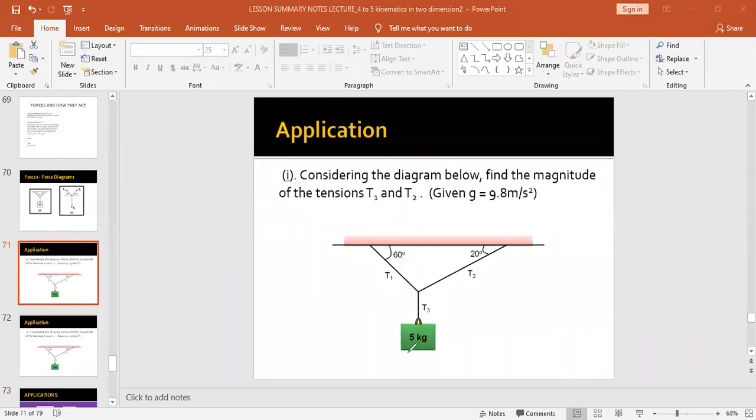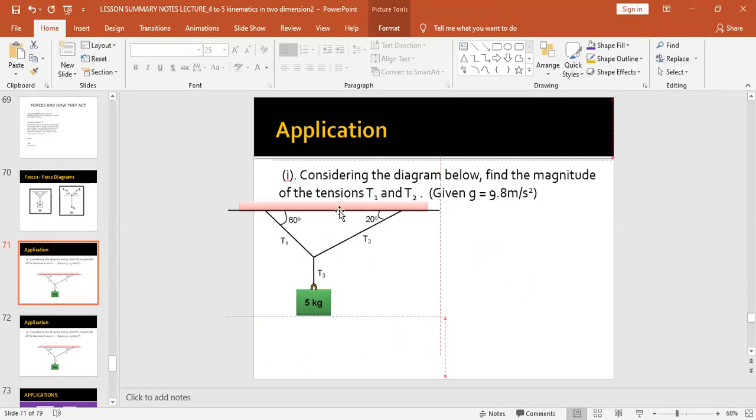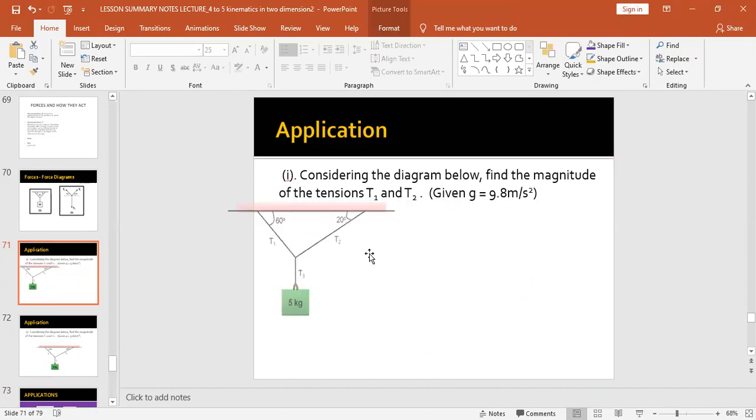T3 is as a result of this mass over here. Okay, good. So let me move the diagram a bit, then we run the force diagram and run our analysis subsequently.